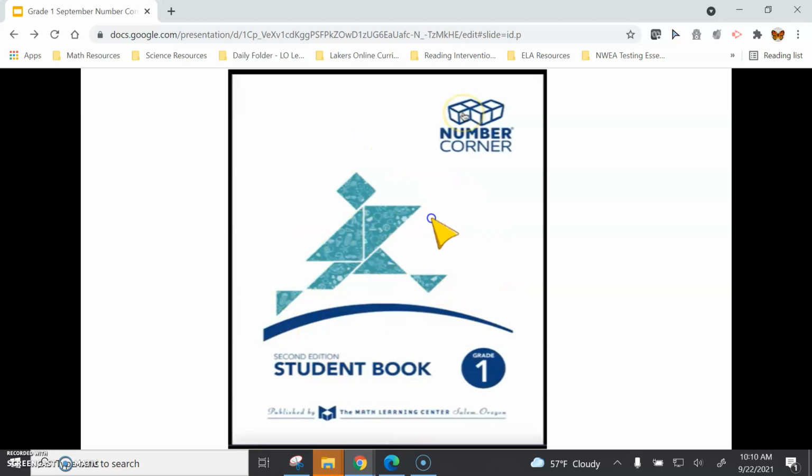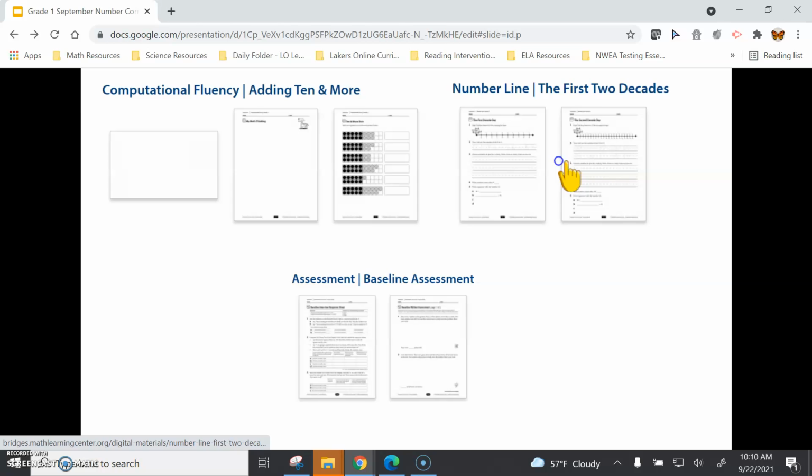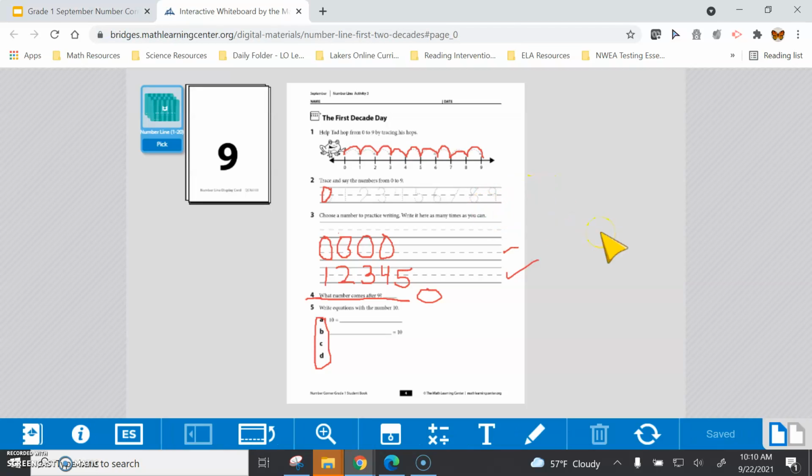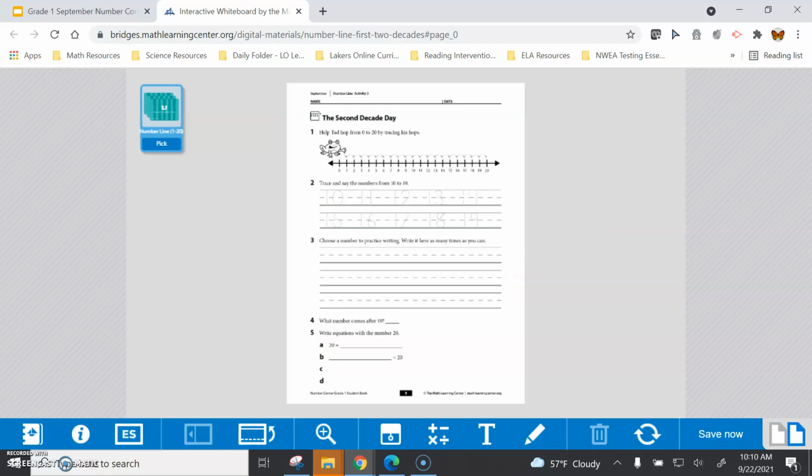I'll give you a moment to find it. And once you get that number corner book, I want you to go to page number 5.